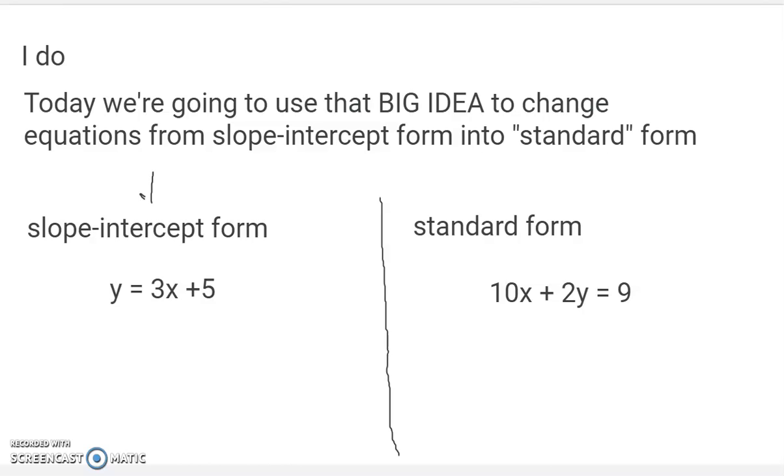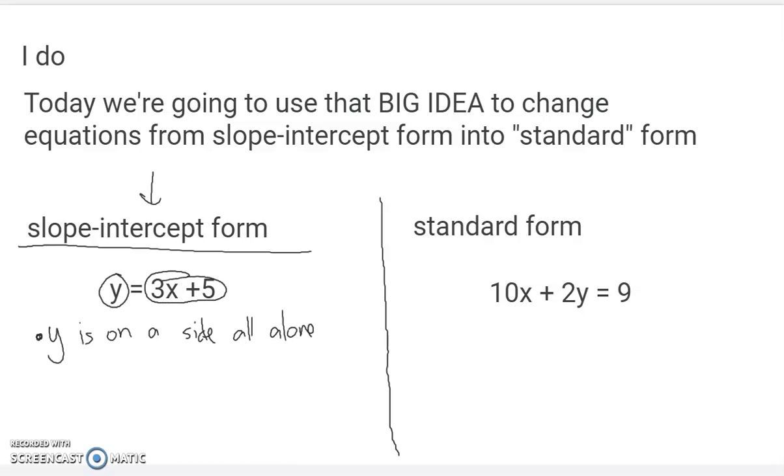Here's slope-intercept form. You're very familiar with it, right? Here are some features of it. Y is on a side all by itself, all alone, I'll say. Y is on one side of the equal sign. Everything else is on the other side of the equal sign. There's nothing with the y. Y also has no coefficient.